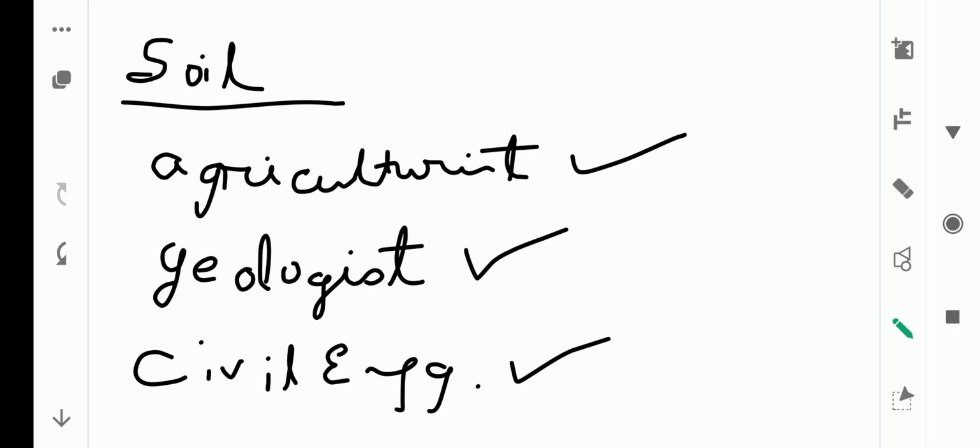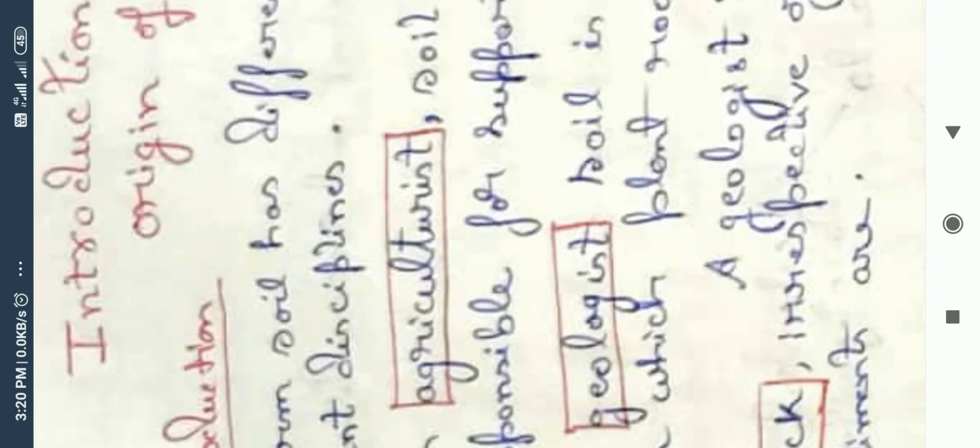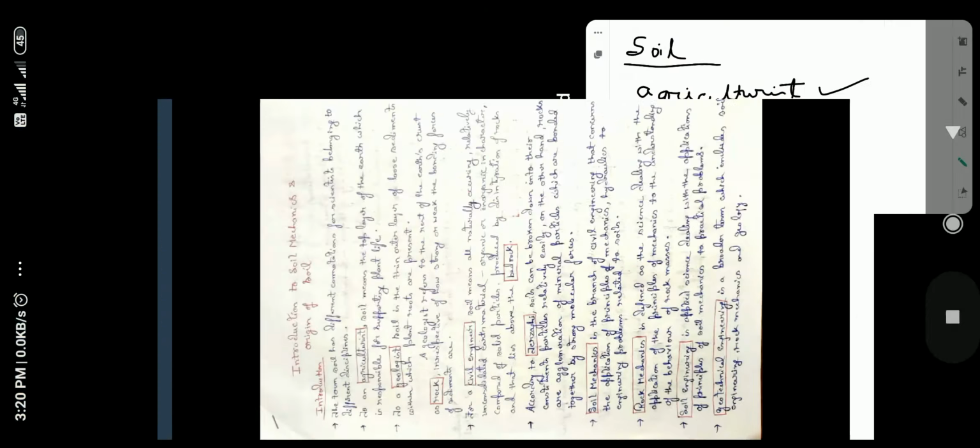Now these definitions of soil from different perspectives have already been mentioned in the notes that I am going to provide you, right? So here you can see what it means for an agriculturist, a geologist, or a civil engineer. In the notes you can see all this. I will share this note with you all.